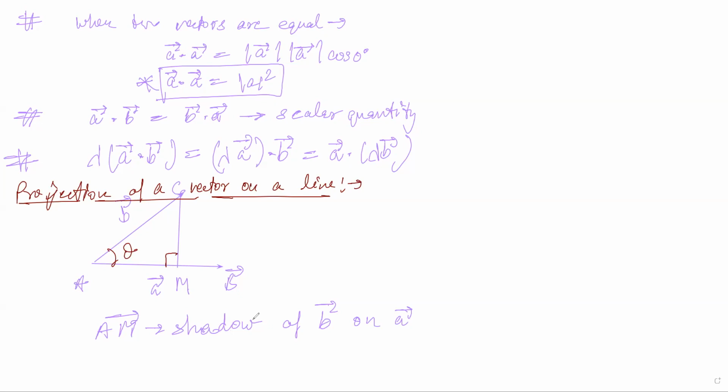So to find out the projection of a vector on another vector, you have to take this much distance in the direction towards A. Right? So AM can be found out using vector B and angle theta. Let's say we have to find out the magnitude of AM.